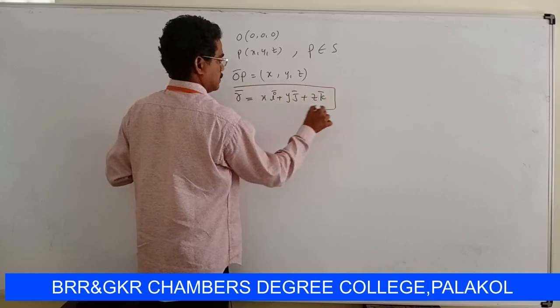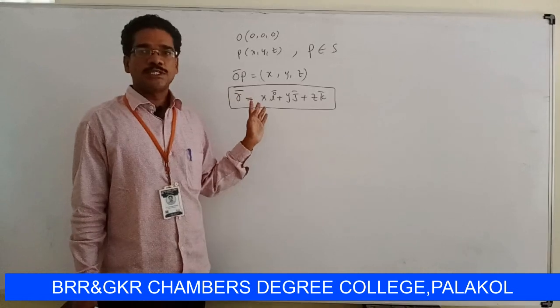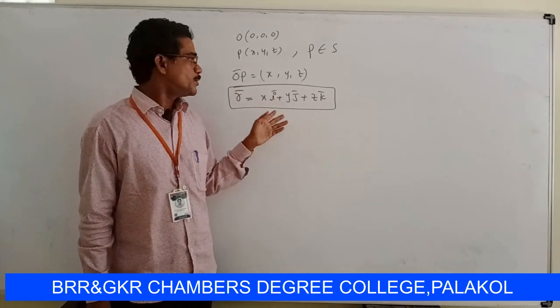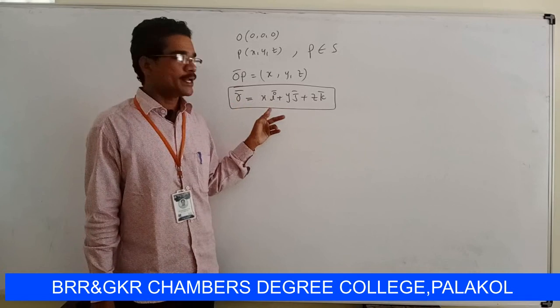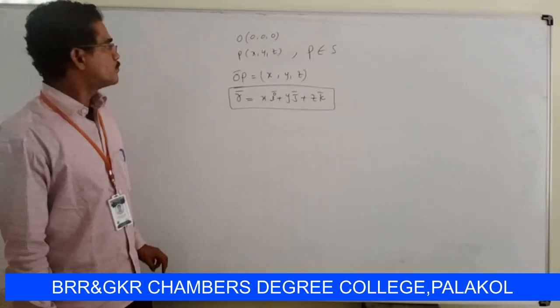This is the vector function, that means the position vector function. It is denoted by R bar, then R bar equals Xi plus Yj plus Zk.